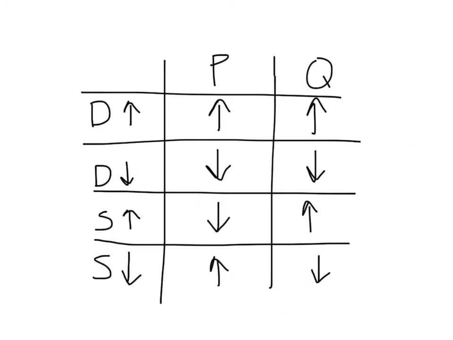This is going to be a chart that you may want to study. It indicates what happens to price and quantity given a single shift, like we did earlier. If demand increases, price goes up, quantity goes up. If supply decreases, price goes up, quantity goes down. And this is going to help us with our double shifts.